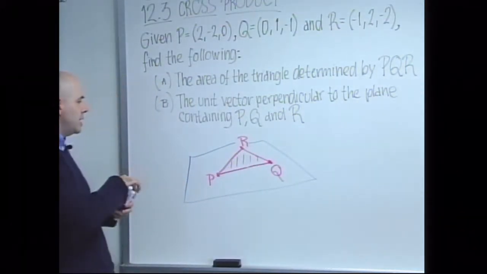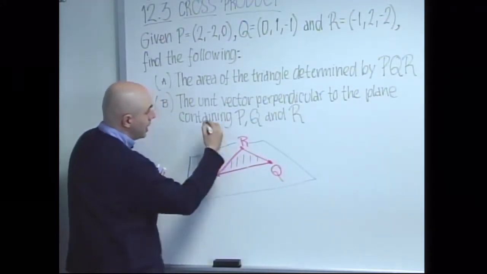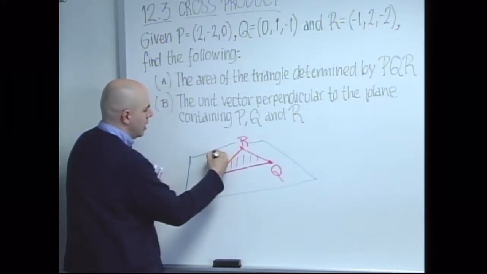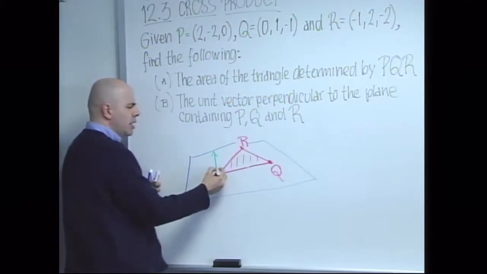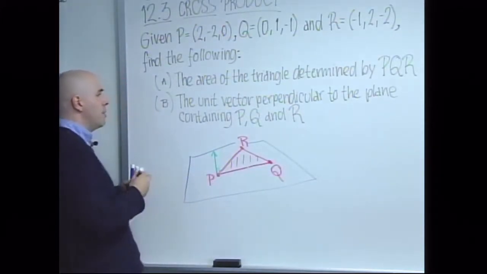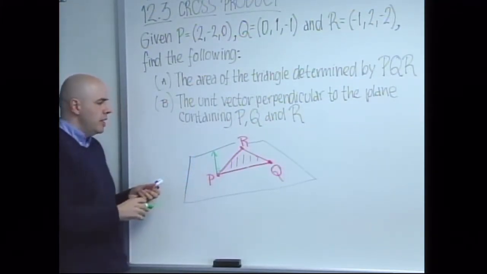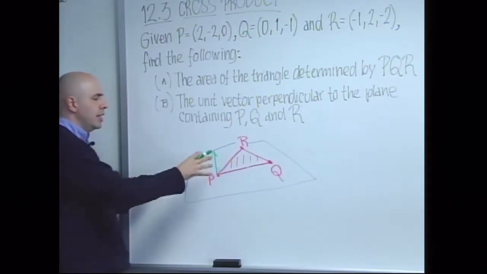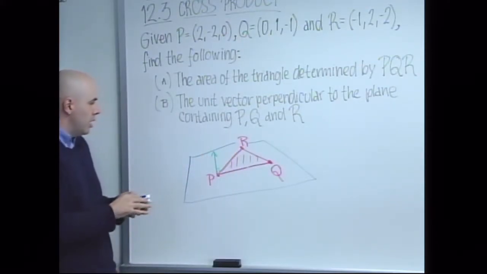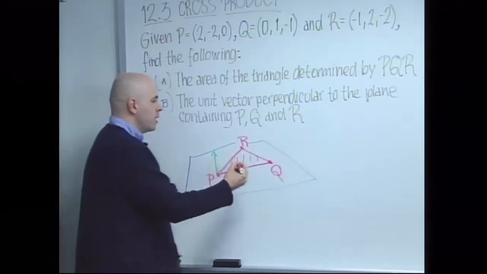They're asking you to find a vector that has length 1 and is orthogonal, or perpendicular, to the plane. So this is our objective, to find those two pieces of information. The first one is the area.